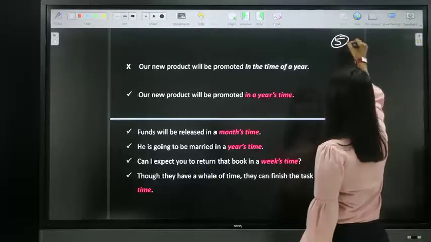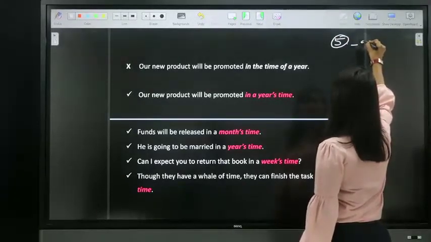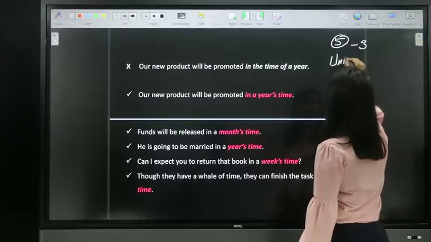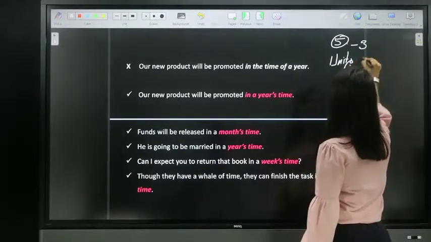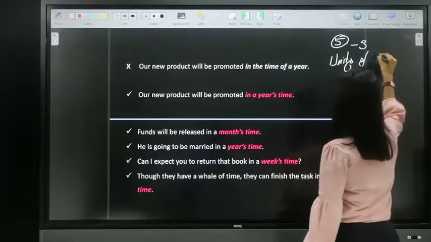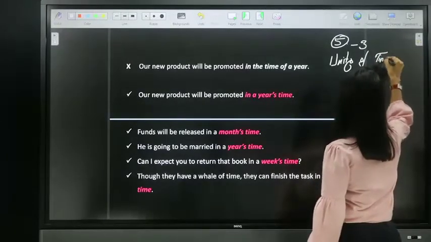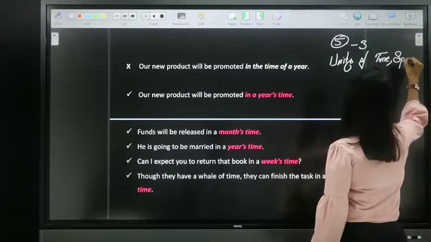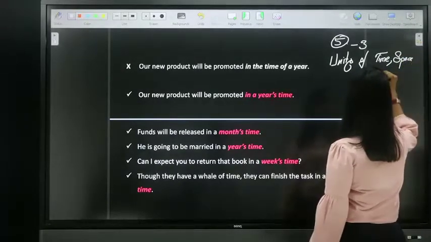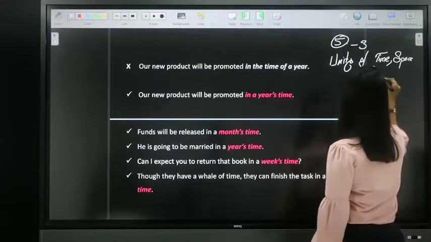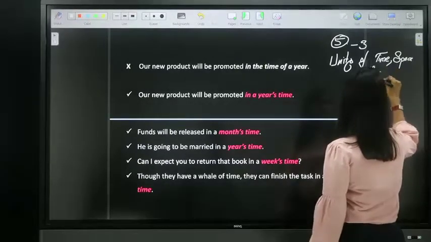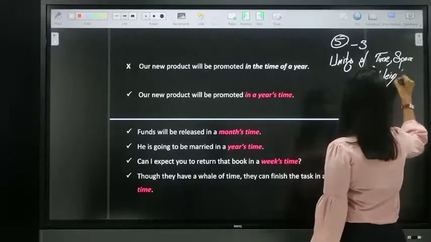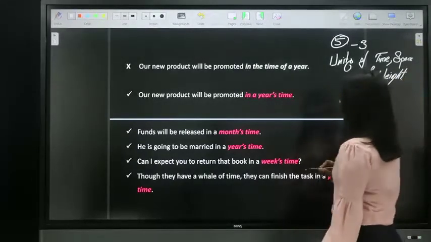In those five usages, we discussed under the third one about units of time, units of space or distance, and units of weight.